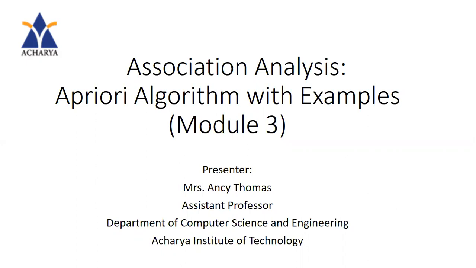Today, let's discuss the Apriori algorithm with some examples, which is one of the popular algorithms used to mine association rules from large data sets. It is a part of module 3.